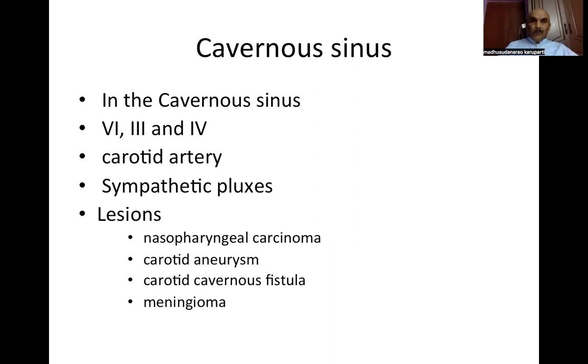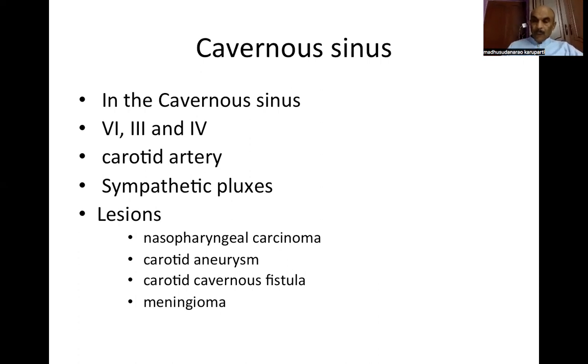Cavernous sinus syndrome. The lesion is in the cavernous sinus. It could be due to nasopharyngeal carcinoma, carotid aneurysm, carotid cavernous fistula, or meningioma. It is associated with ipsilateral sixth nerve palsy, also involving the oculomotor and trochlear nerves.